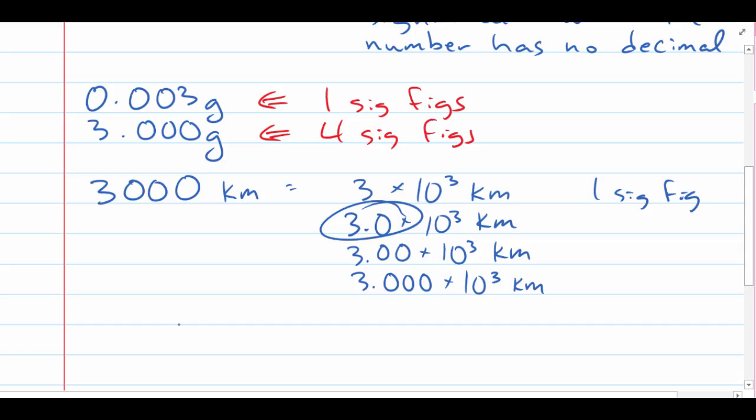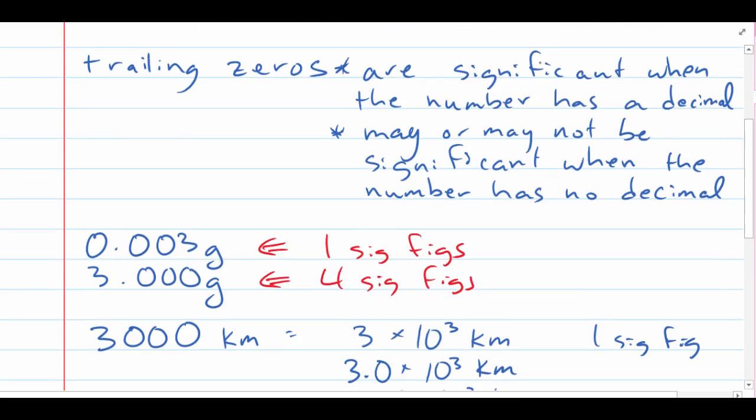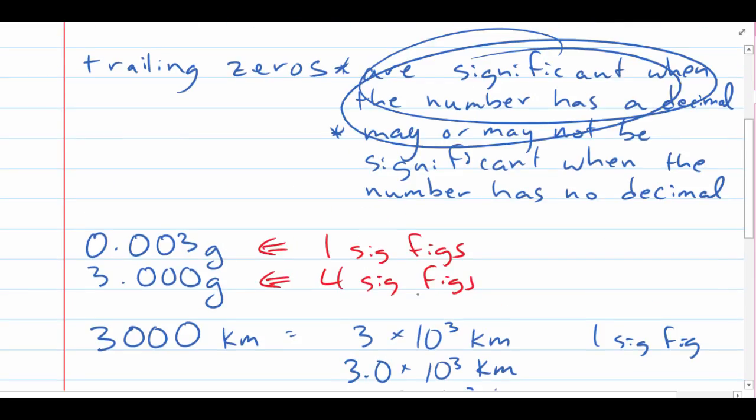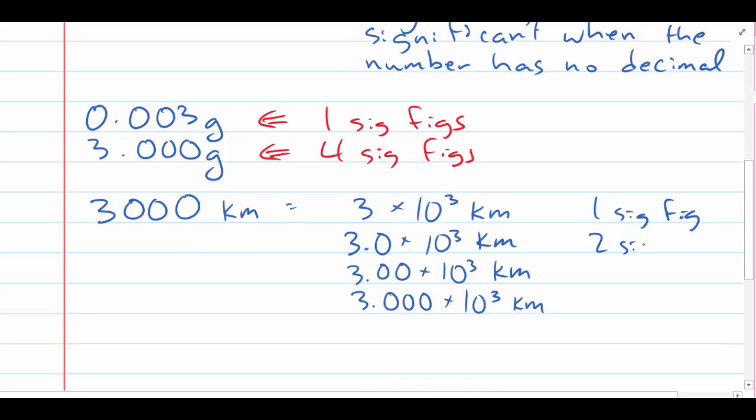This would have 2 significant figures, because when the number has a decimal, those trailing zeros are significant. The 3.00 times 10 to the third would have 3 significant figures, and the 3.000 times 10 to the third would have 4 significant figures.